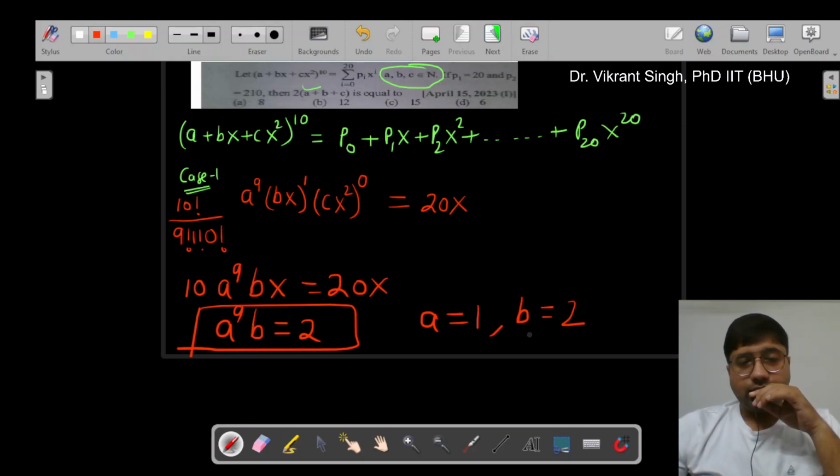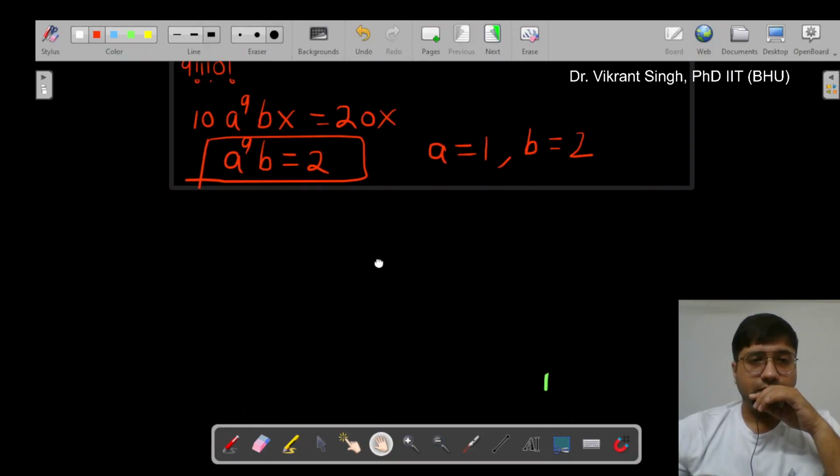Now we have to find c, and to find c we have to use the coefficient of x square, that is p2, which is 210, right?